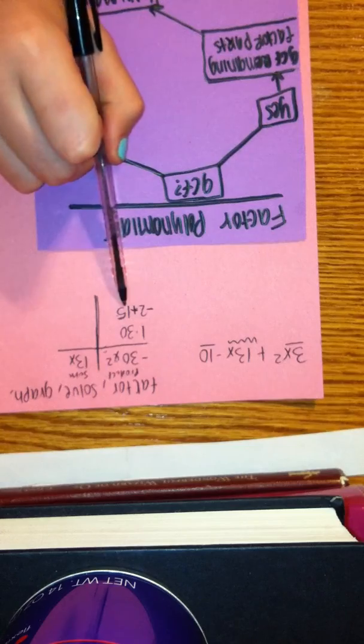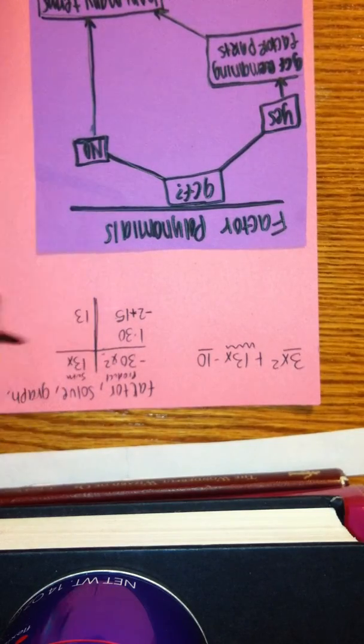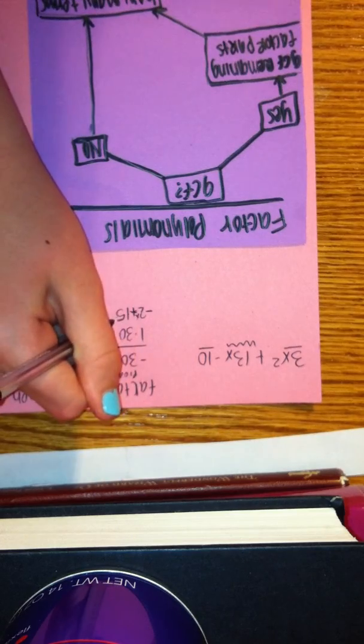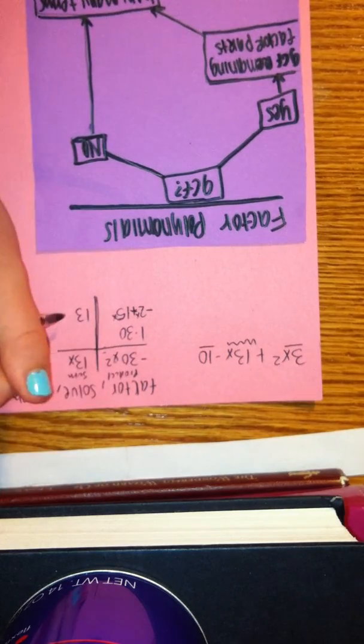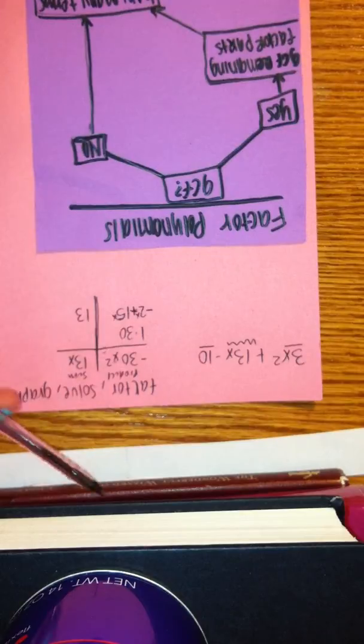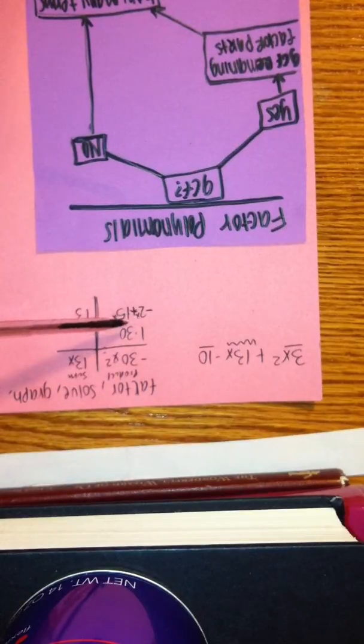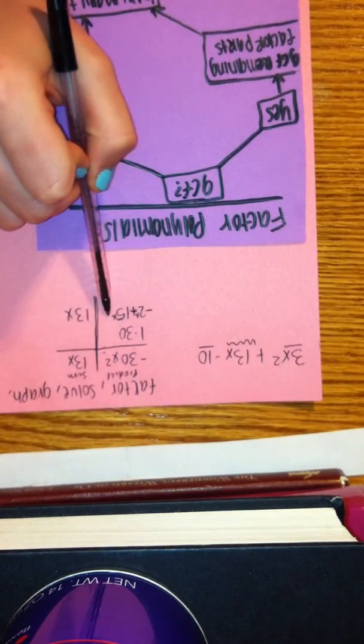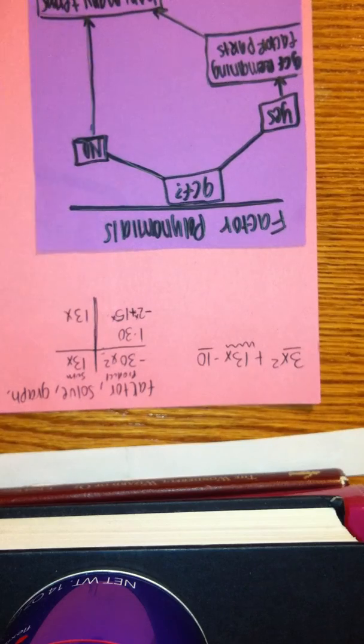So negative 2 plus 15 is 13. And I always forget, this 2 is 2x and this 15 is 15x, but I just don't ever write them down. Just know that that's 2x and this is 15x. And since they're alike, it's just 13x.